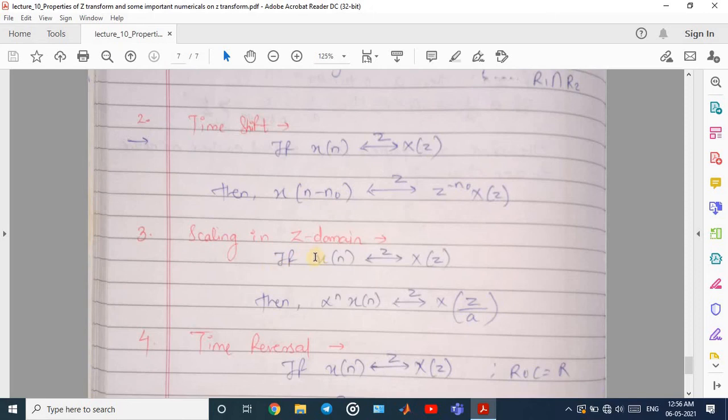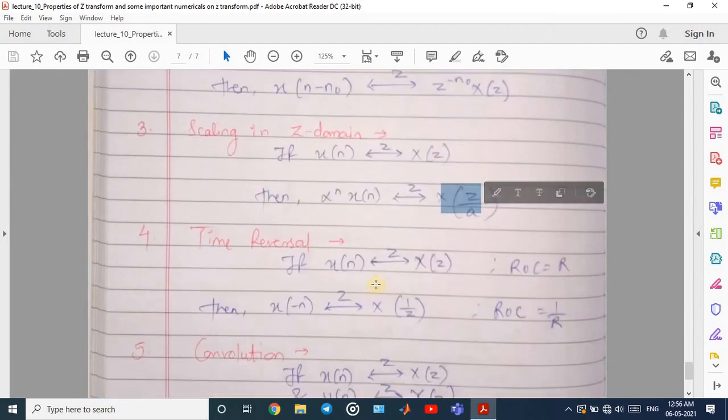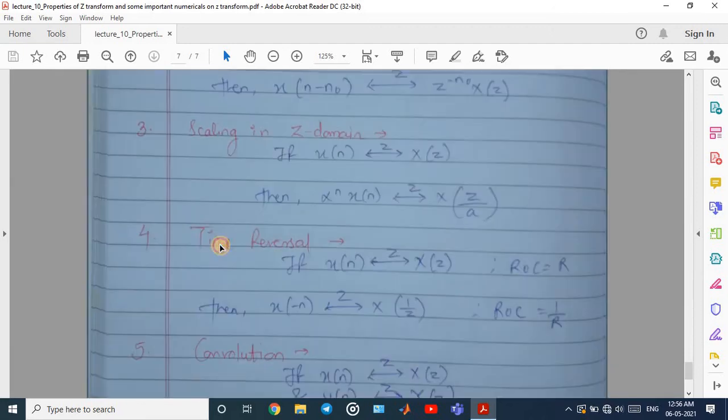So if the z transform of x of n is x of z, and there is an introduction of the term a to the power n into x of n, then you can write the z transform as x of z upon a. Okay, simple.